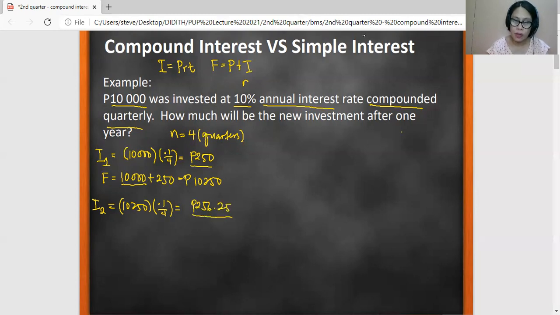And this 256 pesos and 25 centavos will be added to the principal amount, which is 10,250, and the new principal amount will then be equal to 10,506.25.